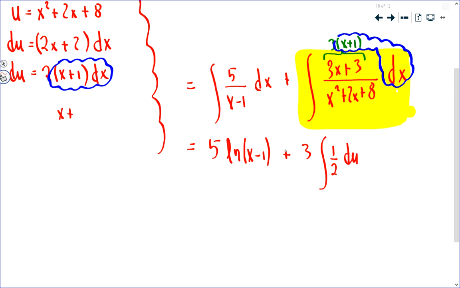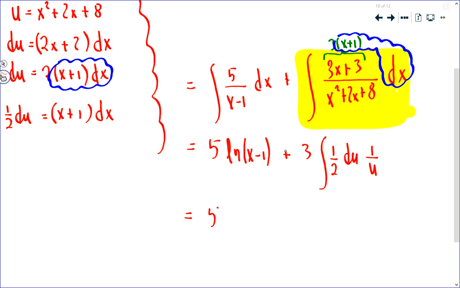x plus 1 dx equals 1/2 du. And then I also have the x squared plus 2x plus 8 on the bottom, which is 1/u. We're getting there. We're almost there.